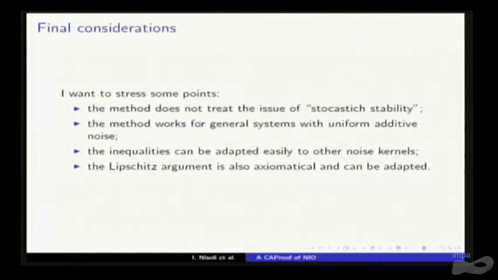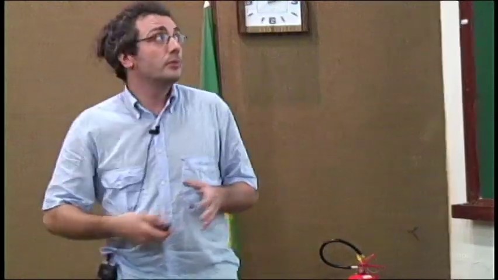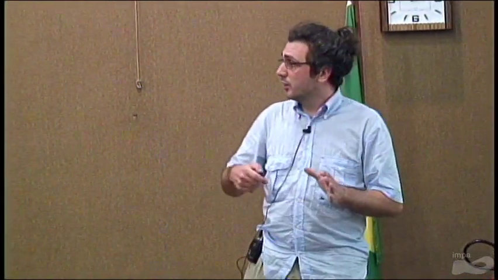And okay, about the paper. The technique was developed to treat this noise-induced order problem, but all the technique is axiomatic. So it works for general systems with additive noise.